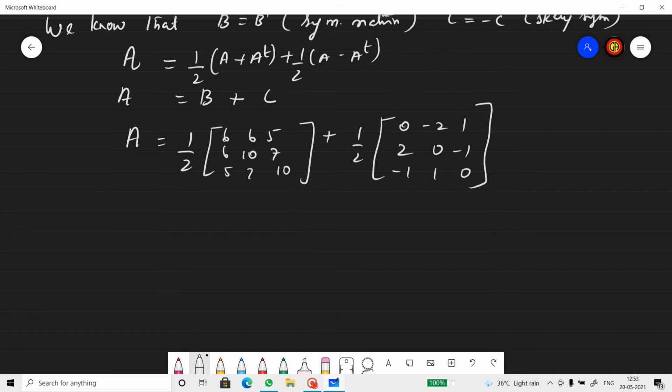Now we have to divide and show that this is adding up to A. Because you have to show two matrices, one is symmetric, another one is skew symmetric, isn't it?